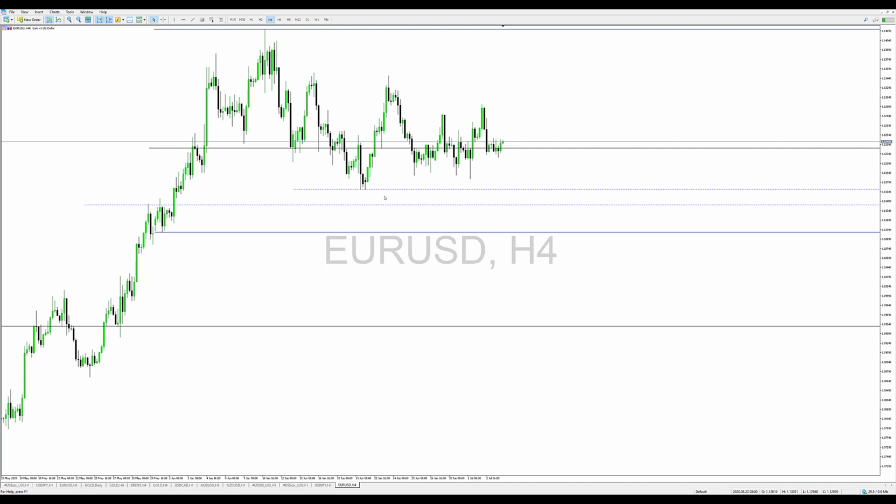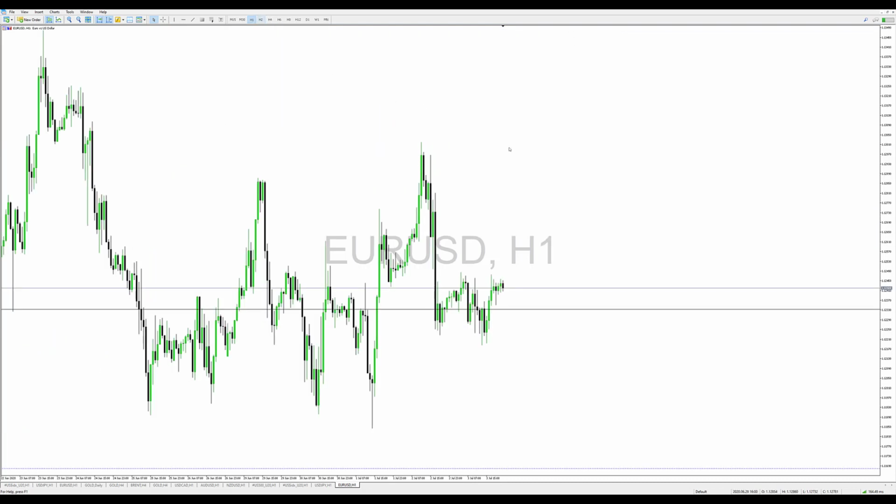Remember the zone between our dotted lines here, that's our fair value gap, and trade to the upside, or it can trade to the upside, clear up the buy stops above these equal highs here, all the way to 1.1420. But remember, this is now determined with the price action that will be happening on dollar index.